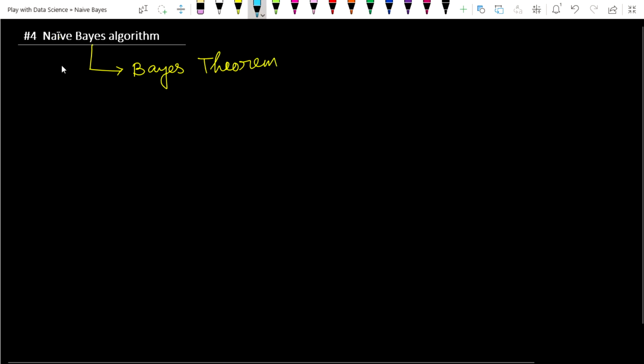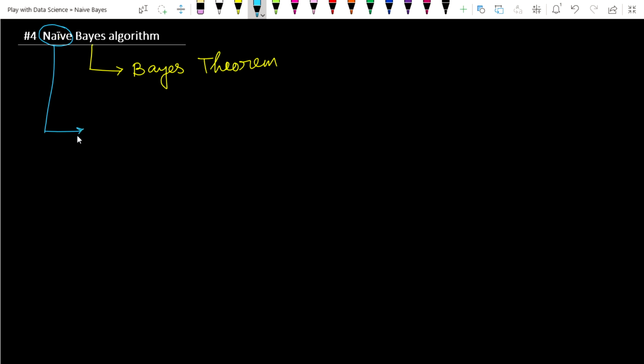And we call this theorem Naïve because Naïve means unsophisticated. This algorithm is unsophisticated, and it is also a simplistic algorithm.